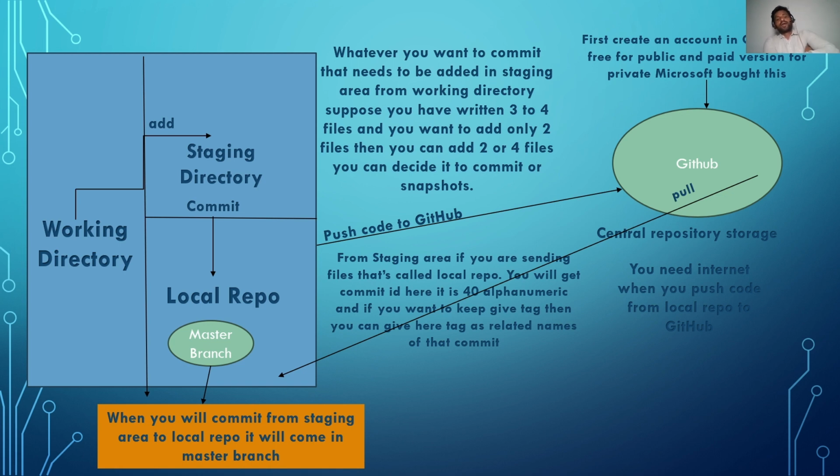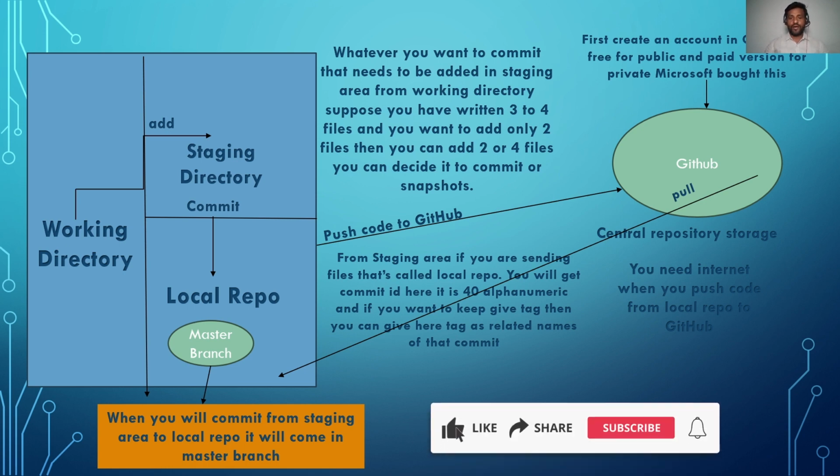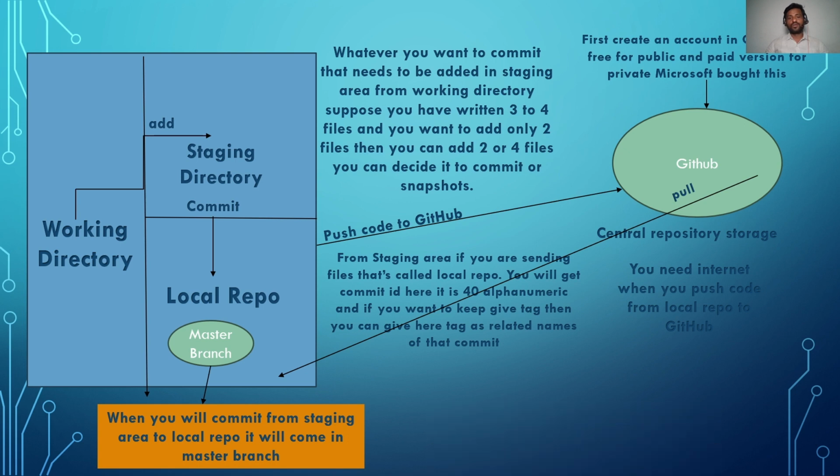Suppose you are committing files from the staging directory to the local depot. While doing that, you can give a name to those files. Suppose it is related to something, then you can give a specific name there.